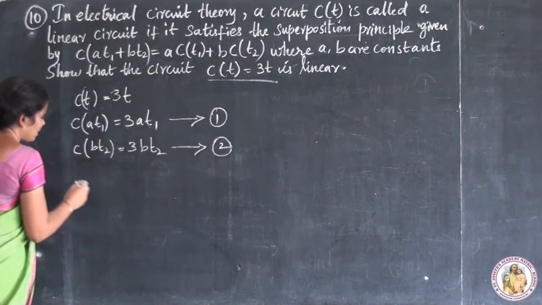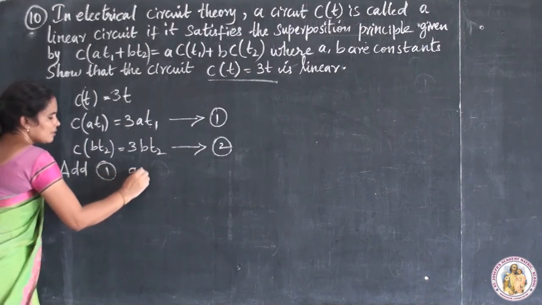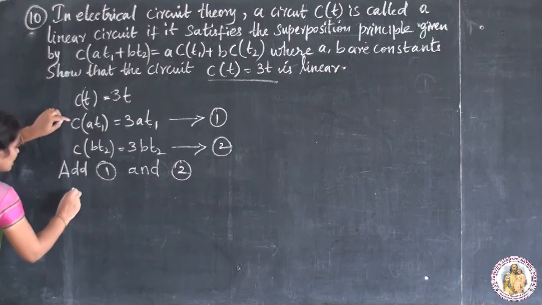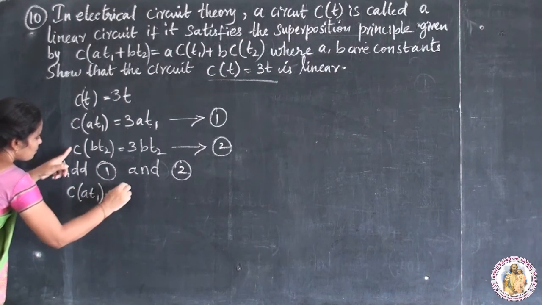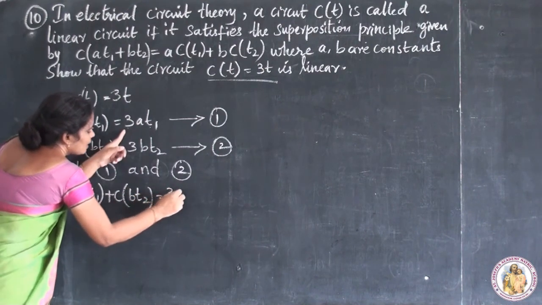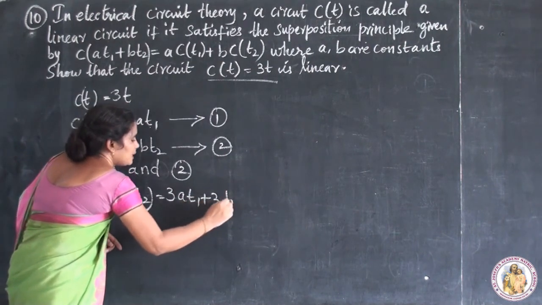Taking first and second equation, by adding first and second, here C of at1 plus C of bt2 is equal to 3at1 plus 3bt2.